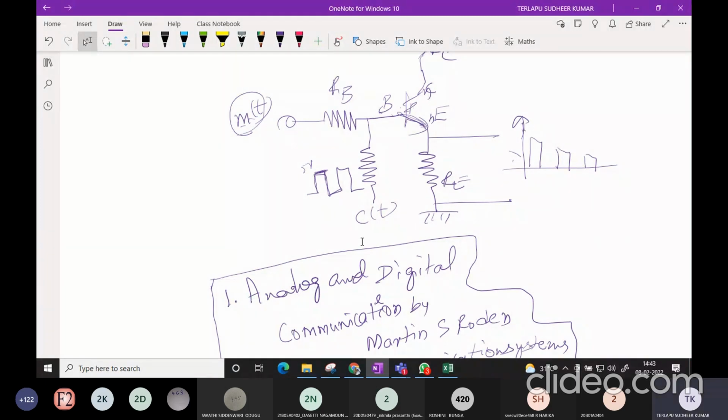Therefore, the transistor is on, and the M of t at the input appears at the output between emitter and ground across RE. When C of t is 0, there is no biasing between base and emitter. Therefore, you cannot find any output at the emitter to ground. So M of t at the output is 0. If you observe carefully, the top of the pulse follows M of t.